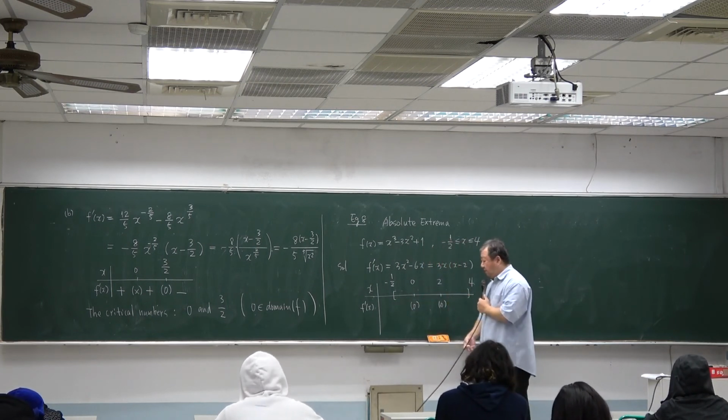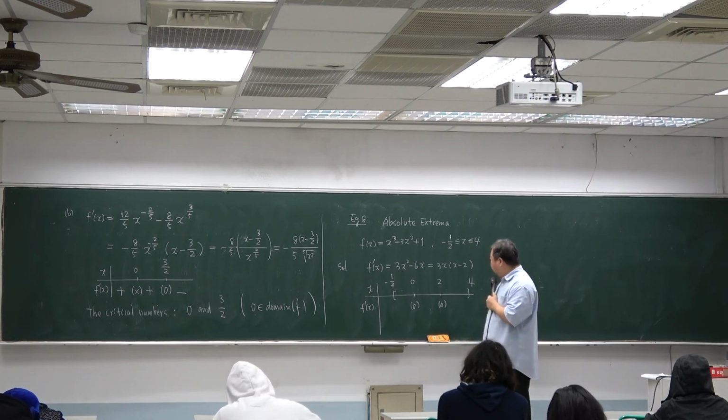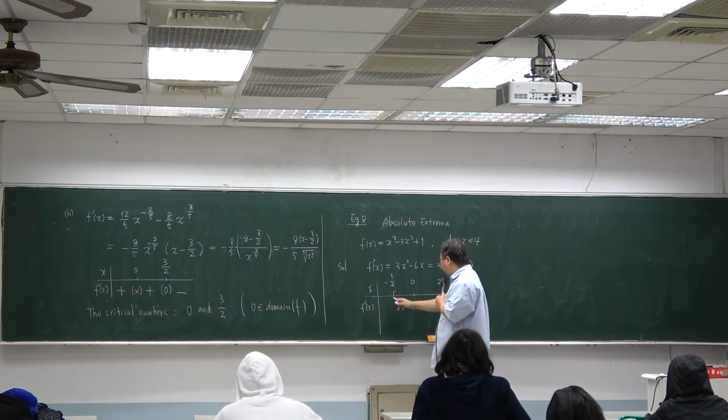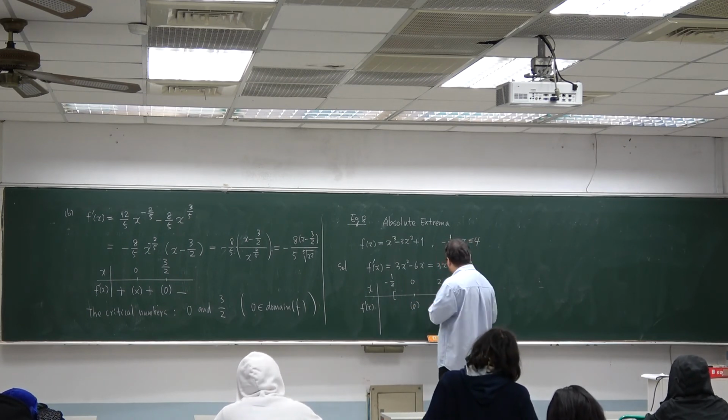So these are the only critical numbers, 0 and 2. Also, the boundary points are minus 1/2 and 4.